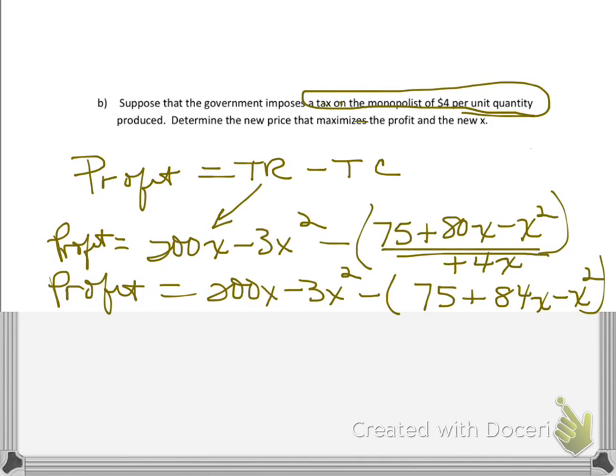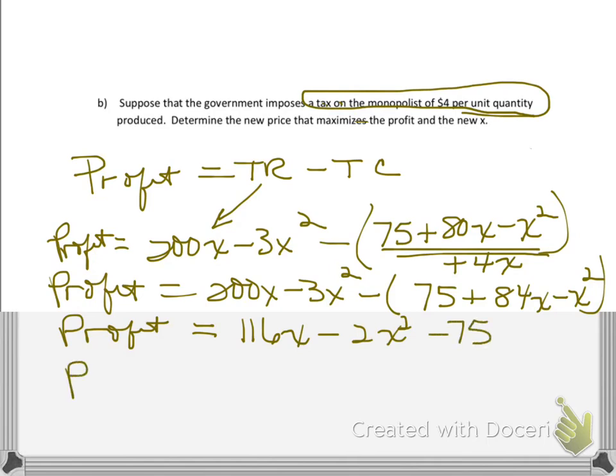Okay, so cleaning that up, I'm getting profit, and don't forget you've got to distribute that negative very, very carefully. So profit ends up equaling 116x minus 2x squared minus 75, still a quadratic. I need to figure out how I maximize profit in terms of my quantity.